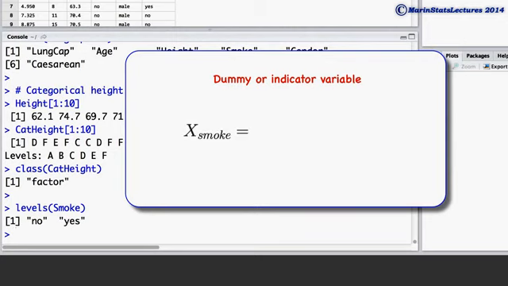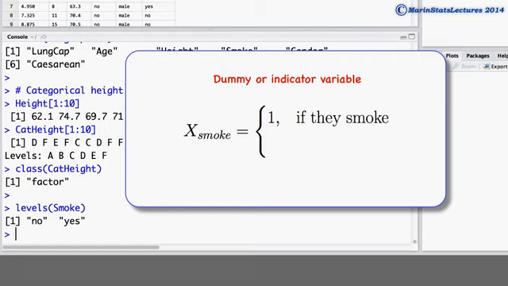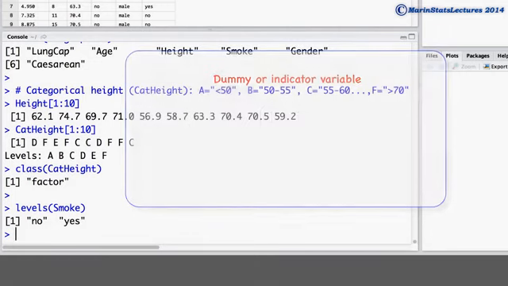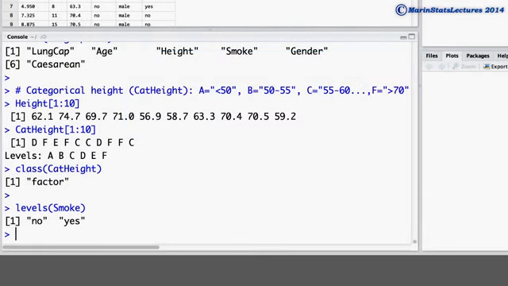We'll call it xSmoke, and we will set this equal to 1 if the individual smokes, or if smoking is yes, and 0 otherwise. Then, for a non-smoker, the xSmoke indicator will equal 0. It's worth noting that conversely, we could instead create an indicator for non-smoking instead of an indicator for smoking.